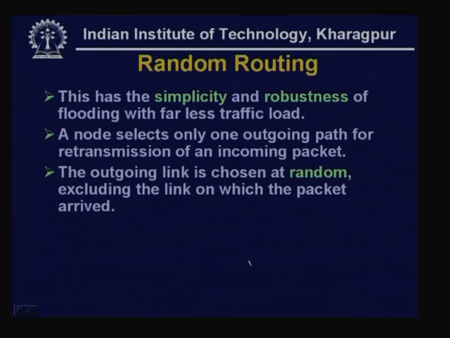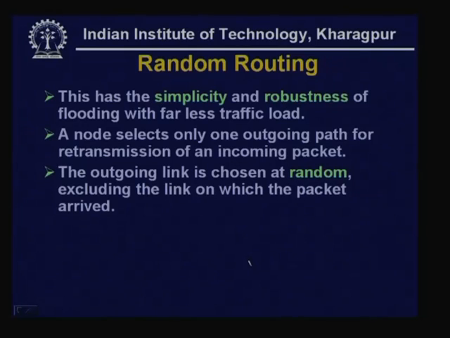So, this can be considered as a special case of flooding. We have already discussed flooding, and we have seen in flooding it leads to too many packets, and also it leads to too much load on the network.